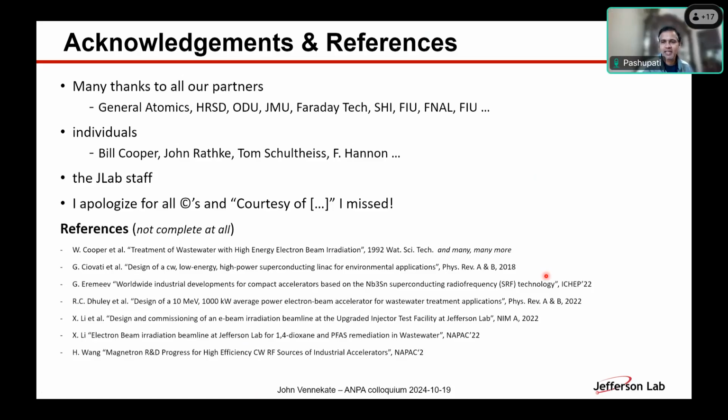Any more questions? As John already said, it's one of the things that can decompose those contaminants that cannot be decomposed any other way. So the last resort is electron beam, right? That's correct, John?